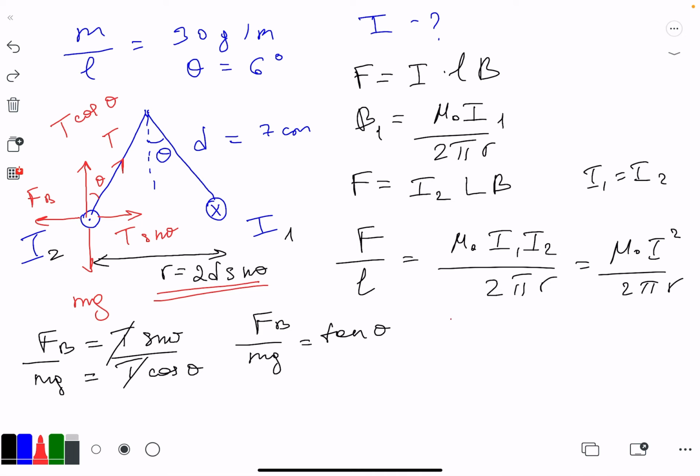If that's the case, then F over L is equal to mu naught current squared divided by 2 pi r.